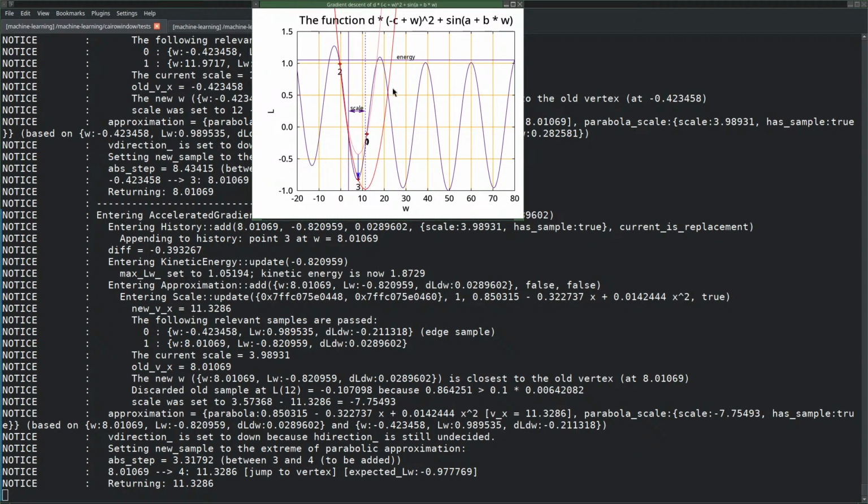Now the diff is negative. Because the prediction was this one. And then the actual value that you measure is this one.